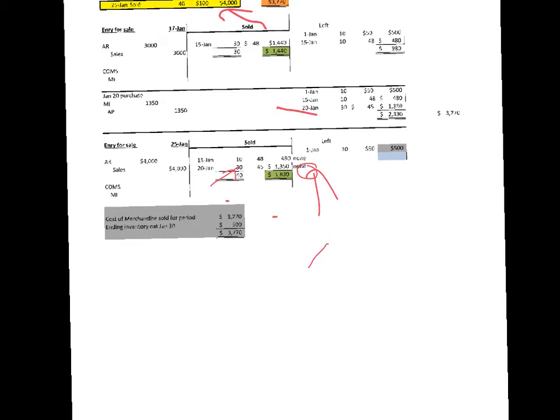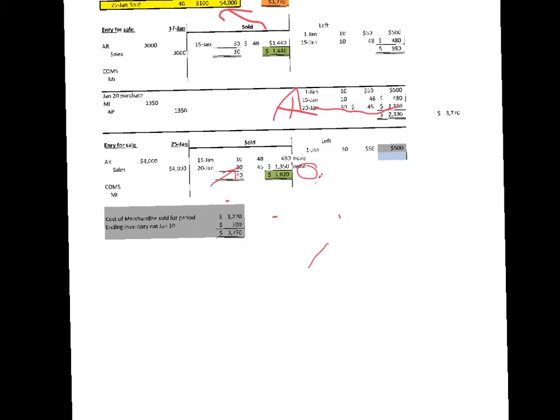Then I go up, but I sold 40, and that's only 30. So I need to grab the next layer working bottom up. So these are all gone. So I wrote none down here. Then I work up from the bottom, and I say, all right, what else has sold?